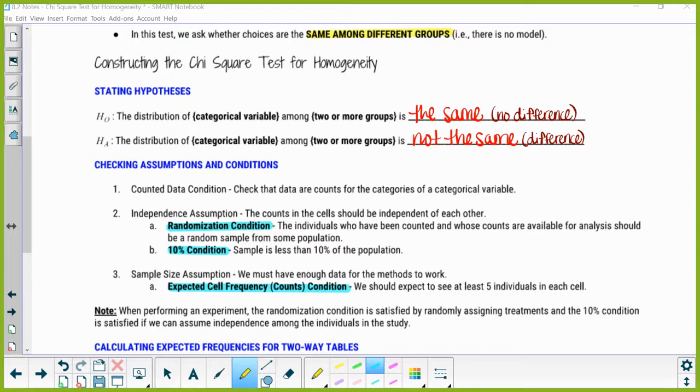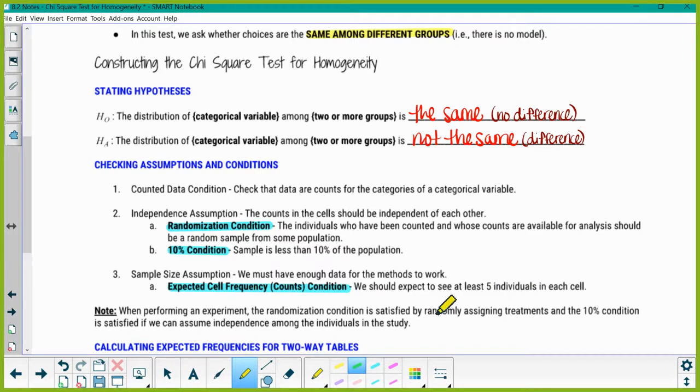So we are going to go back into the idea of if it is an experiment where you are assigning people to treatments, we can satisfy the randomization condition by randomly assigning treatments, and the 10% condition by saying we can assume independence among the individuals in the study. Basically, one person's results is not going to affect another person's results from the experiment.